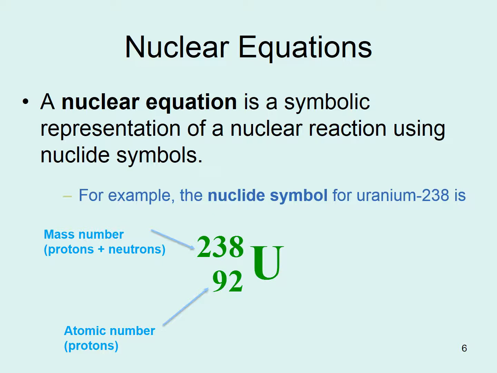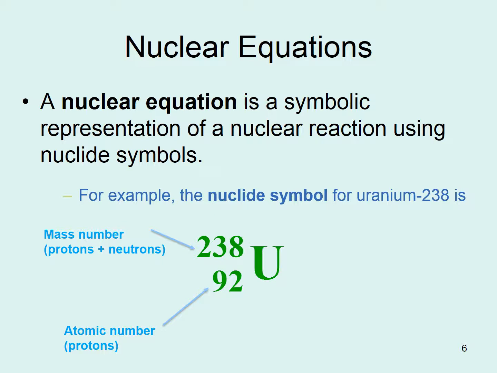So for example, uranium is 238, but if you look on the periodic table, it's 238.03. So you wouldn't put 238.03. And in fact, there could be other uraniums out there. There could be uranium 235. There could be uranium 239.